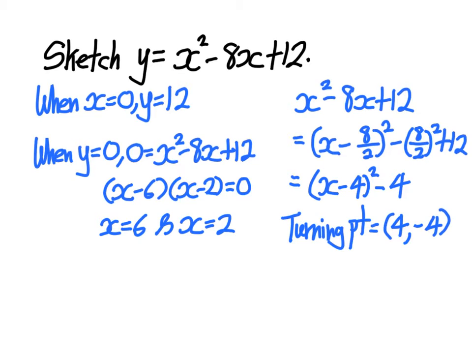And the second value, which is the y value of the turning point, you get from the value outside the bracket. So now that you have your y-intercept, x-intercept and turning point, you can start to draw the graph.